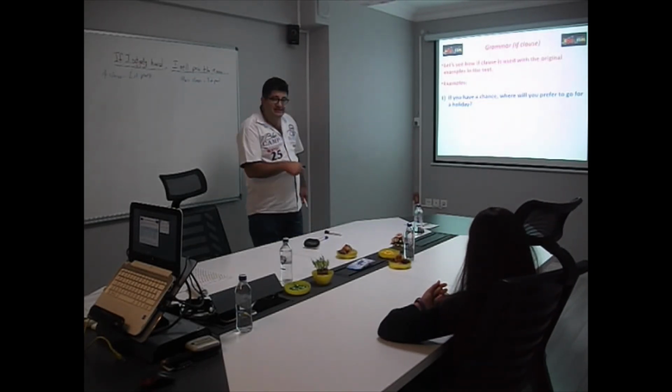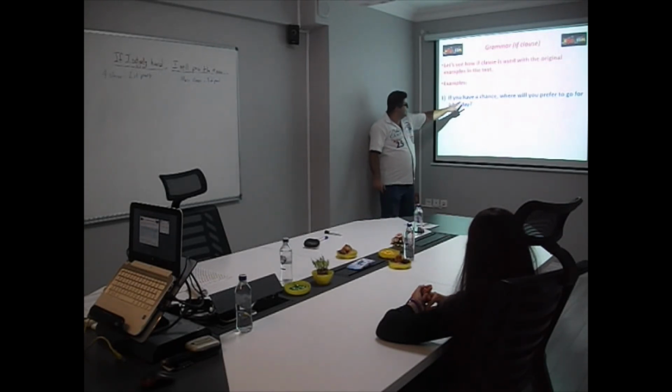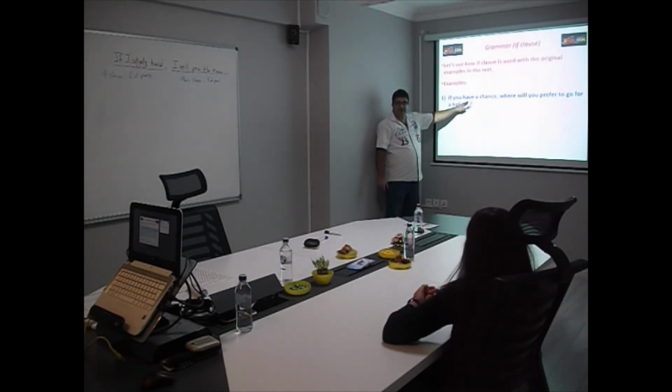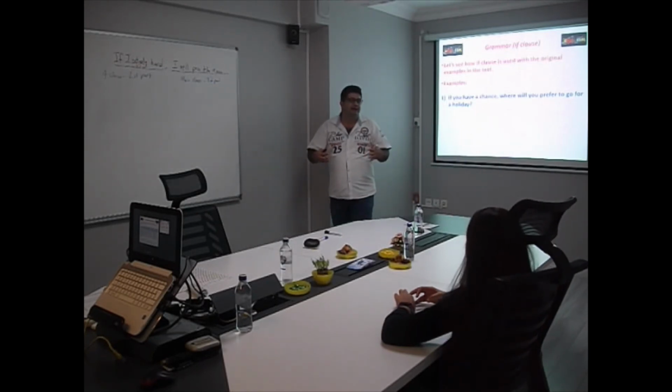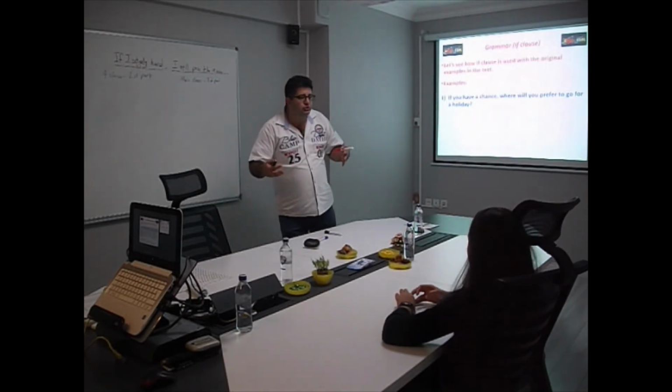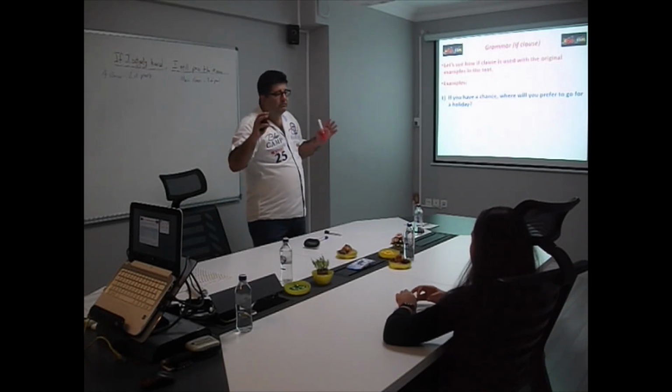If you have a chance, where will you prefer to go for holiday? The first part, the if clause, is it present or past? The present. And the main clause has will, what else? Might, could, may, plus verb 1.